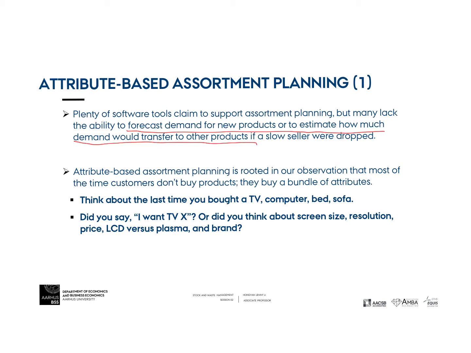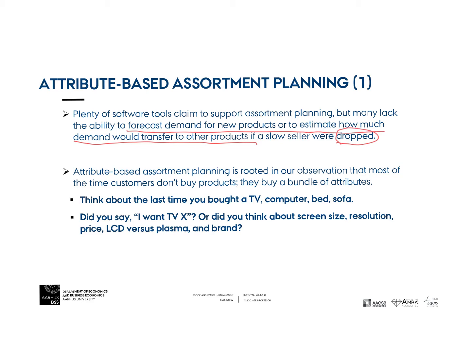So the question is, when you edit the assortments, if you drop one SKU, which SKU should be added? Is it that simple? You just drop one SKU and you just lose the sales for this specific SKU. The problem might be more complicated than that.